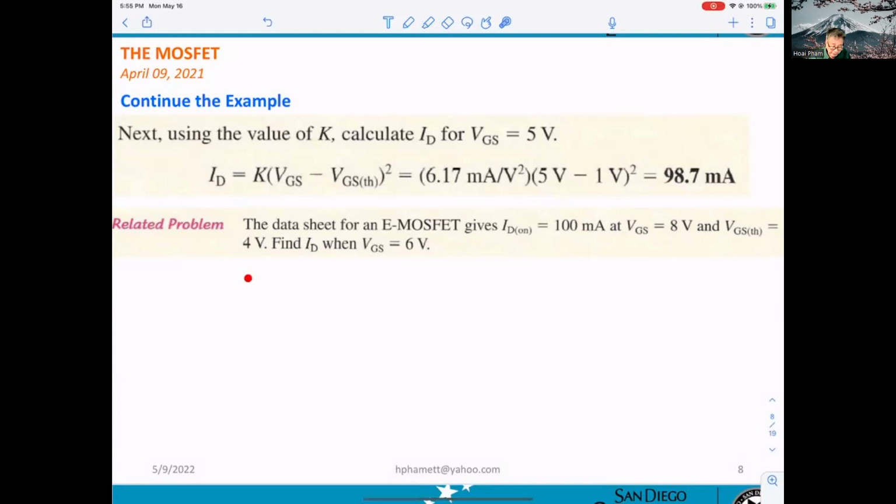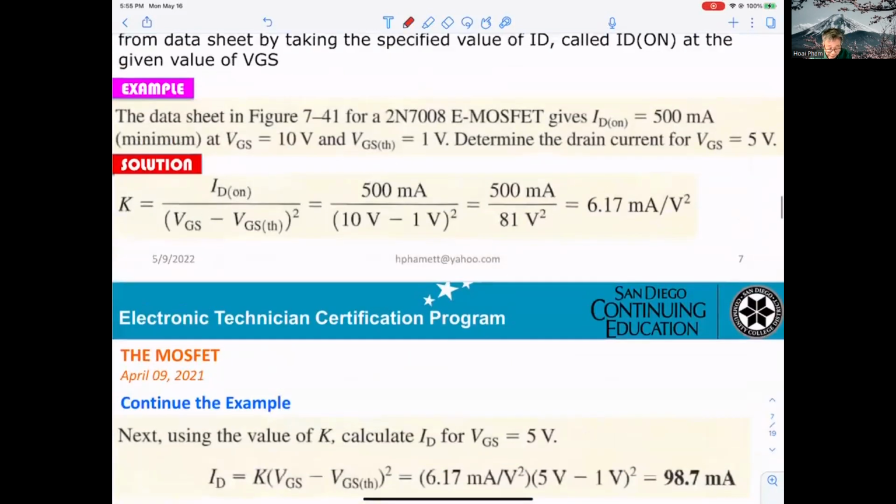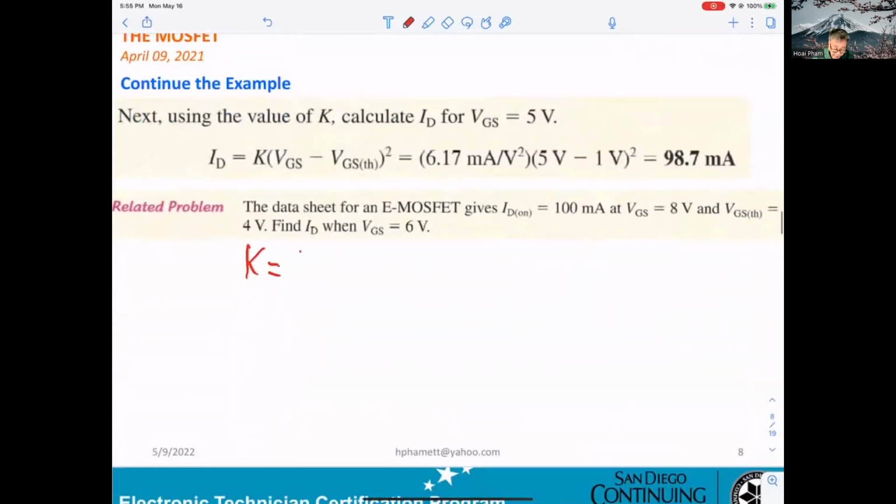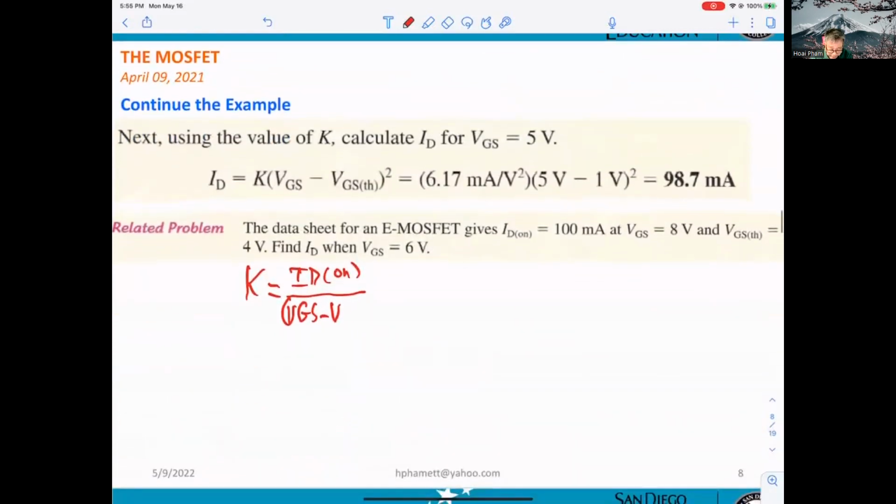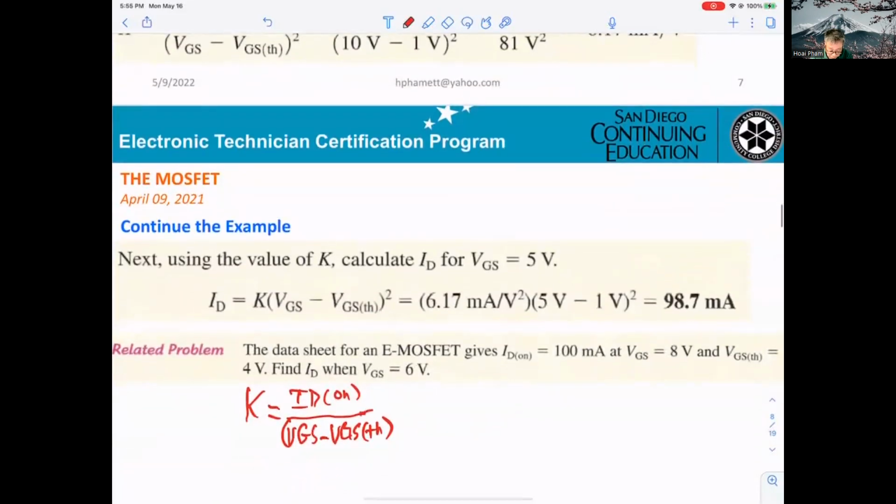First thing you need to calculate is K. K equals ID(on) divided by (VGS minus VGS(th)) squared. Okay, go ahead and calculate, and tell me what you get.